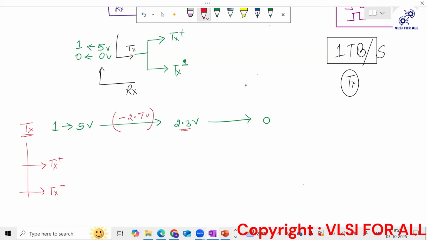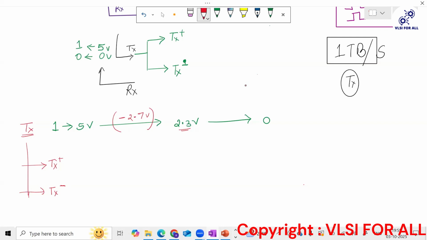Do you agree? If 5 is becoming 2.3, what's the only possibility? Due to power fluctuation, noise, or some superimposition, minus 2.7 came. Agree guys? Yes, sir.